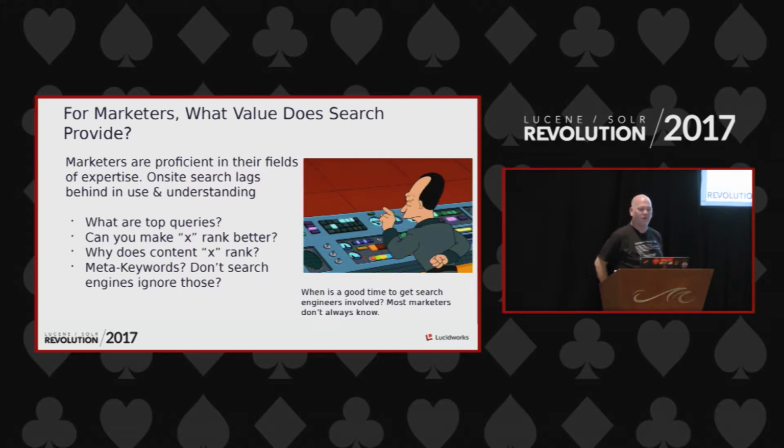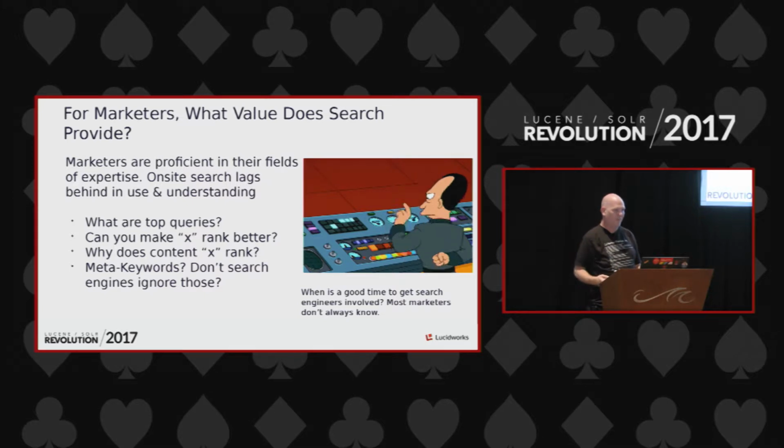Marketers are generally looking for things like, what are the top queries? They look at the metadata. And having lived in both the search engine optimization world and the search technology world, there's generally a lot of conversation about metadata. When I talk about metadata right now, I'm talking about the metadata that exists inside the head in the HTML.